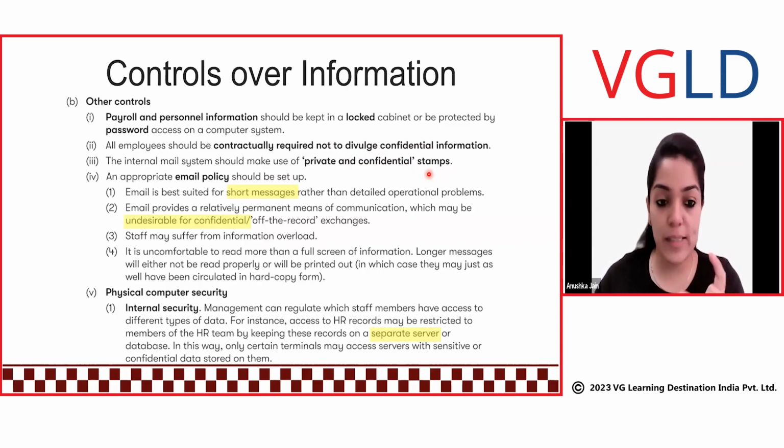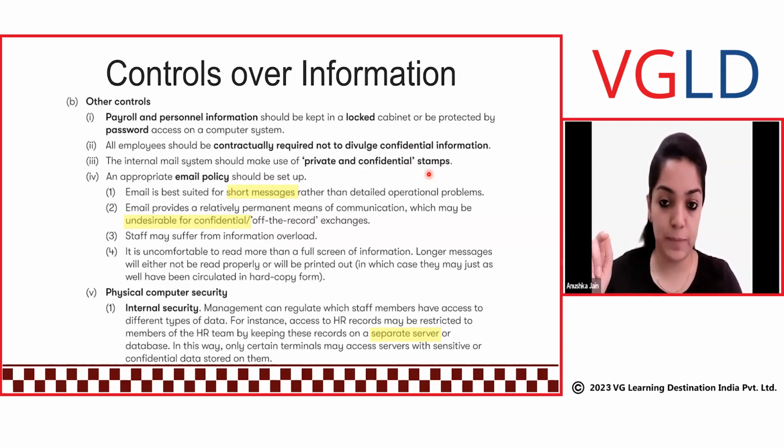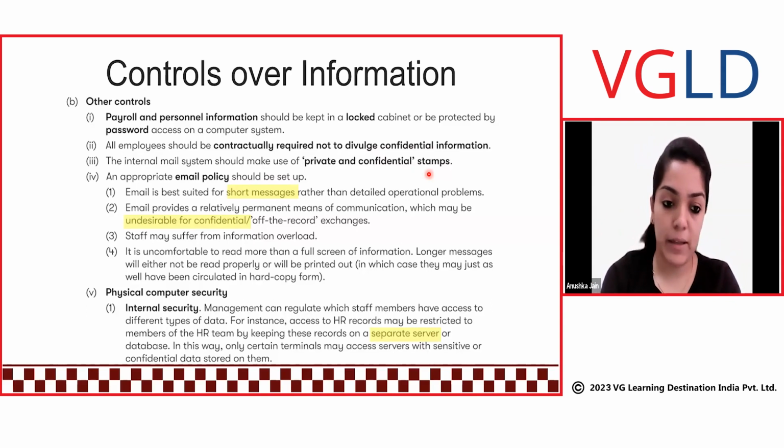If you're talking about physical items, sometimes you receive post, letters, envelopes which have a stamp on top of it that it is private and confidential. You would have seen that. So this is to maintain the confidentiality of the information. This control needs to be there, that it should be properly stamped and this is private and confidential in nature.